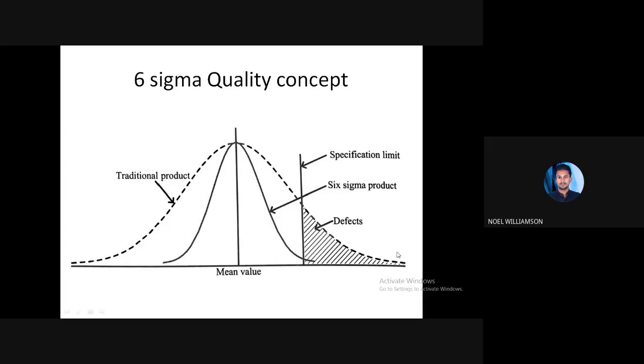Likewise, if it is 3 sigma on both sides, that is the Six Sigma concept, where you will get 99.7% of the total area. Only the rest, that is 0.3%, will be defects. All the others will be within the specification limit or the tolerance range. So that is the Six Sigma concept.